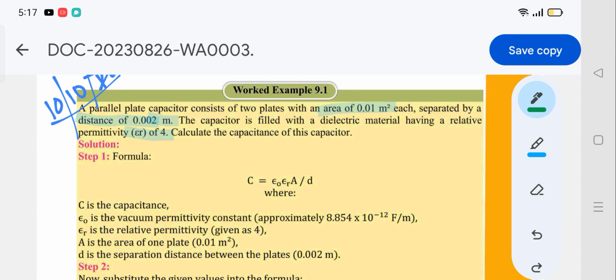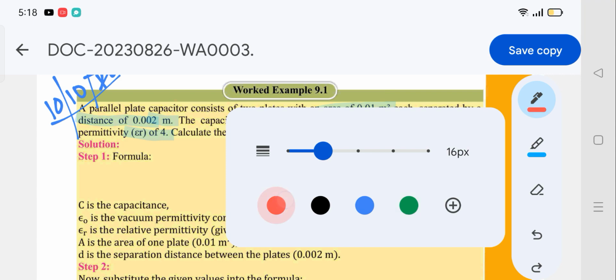We got to know that capacitance is directly proportional to the area and inversely proportional to the distance between the plates. So we got the formula C is equal to epsilon naught into area over distance. Then we placed a dielectric between the two plates, and we got to know that the capacitance of the capacitor is increased by ER times.